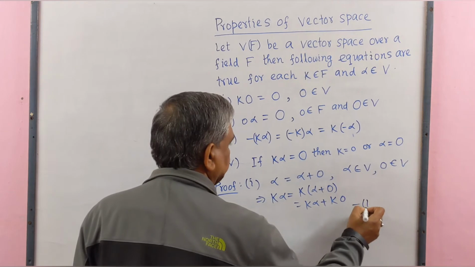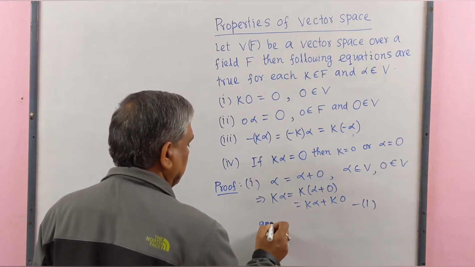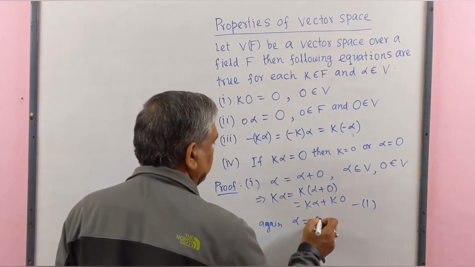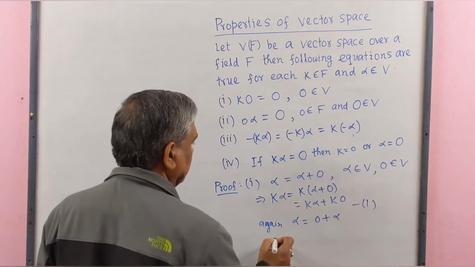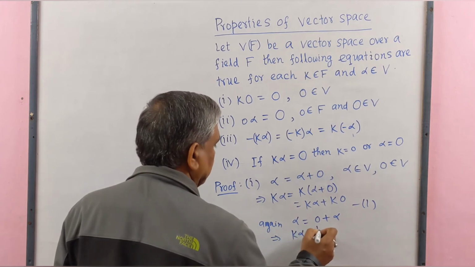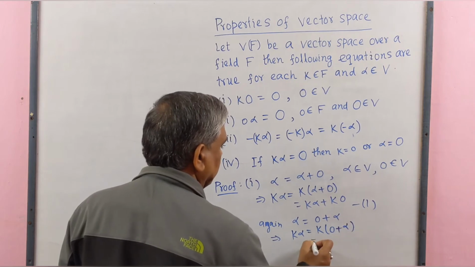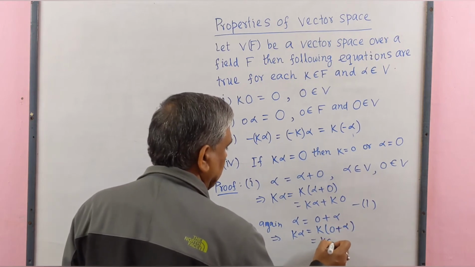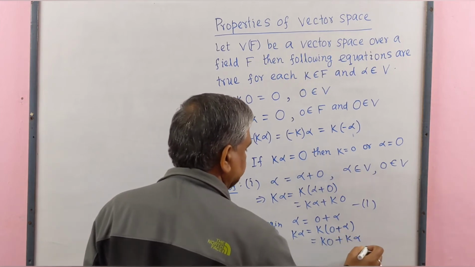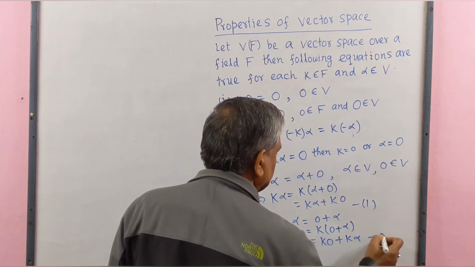This is number 1. Again, alpha equals 0 plus alpha implies that k alpha equals k0 plus k alpha. This is number 2.